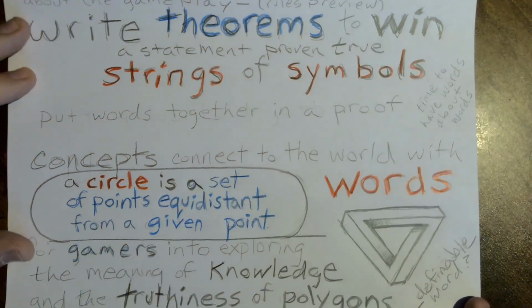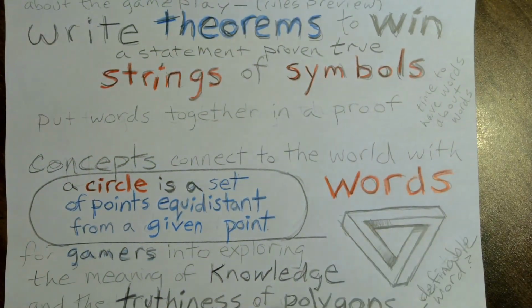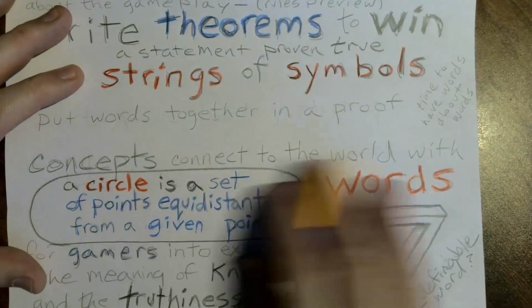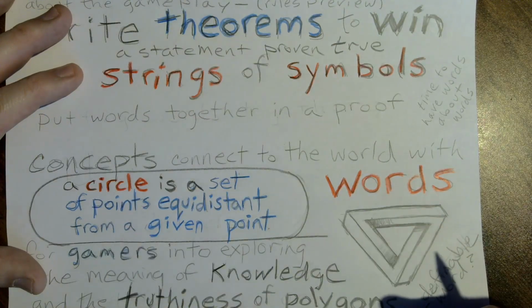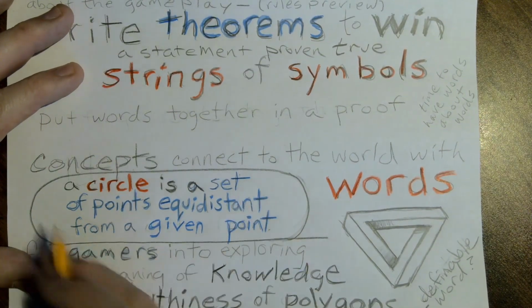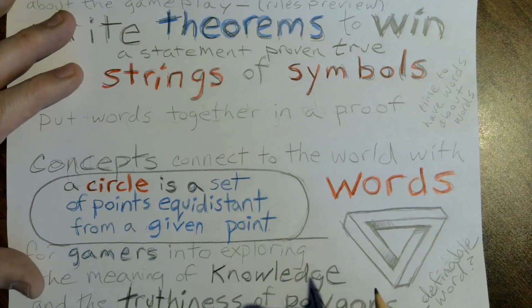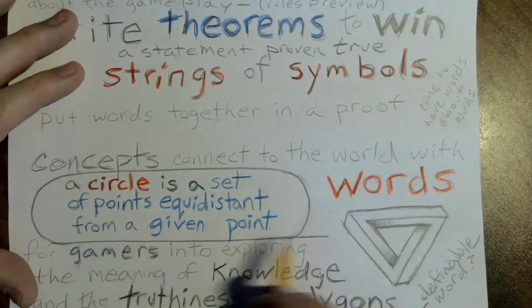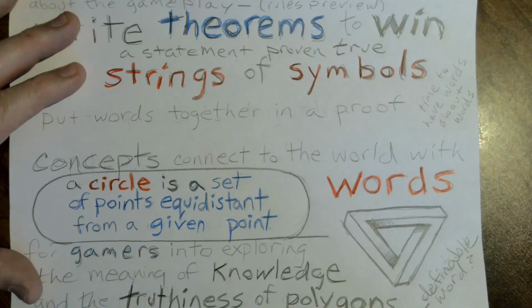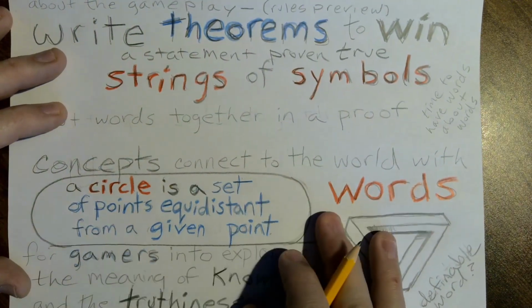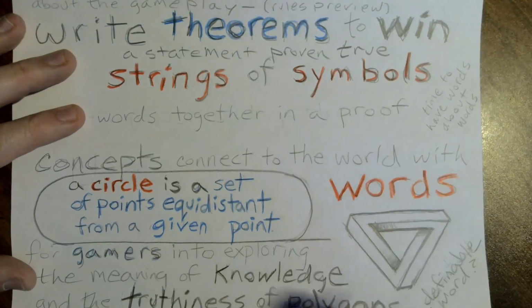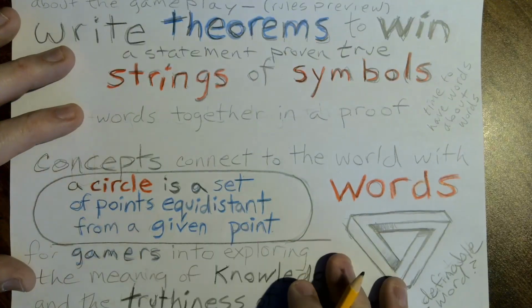We're basically talking about strings of symbols. We're using concepts, ideas, what we can imagine in the mind to connect to the world. And we're doing that with words. An example is the definition of a circle. A circle is a set of points equidistant from a given point. So we have a definition of a circle here, but circle is a word, and the definition is made up of words.